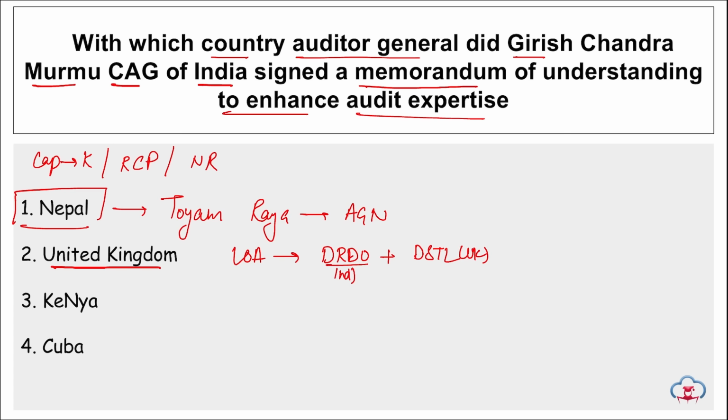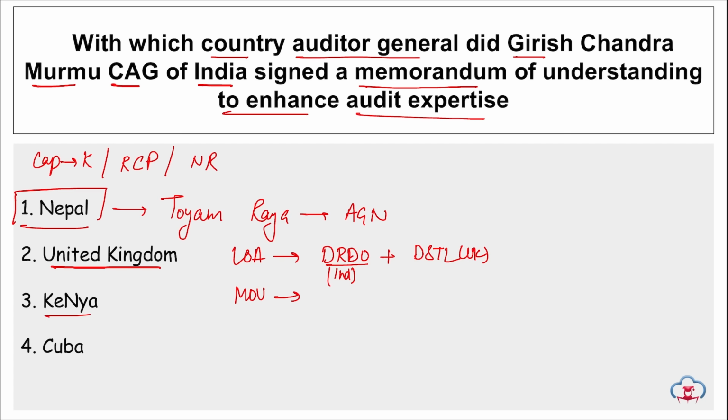DRDO, we know, is of our India, right? This is for collaboration in defense research and development. If we talk about the MOU, it was between the two countries, India and the UK, and it is basically for a cadet exchange program.